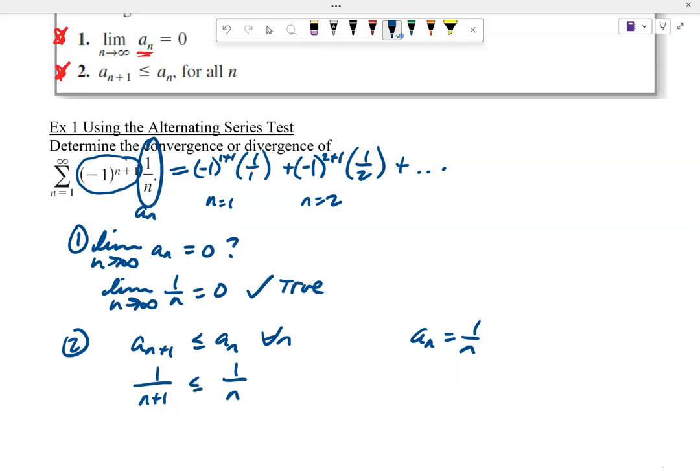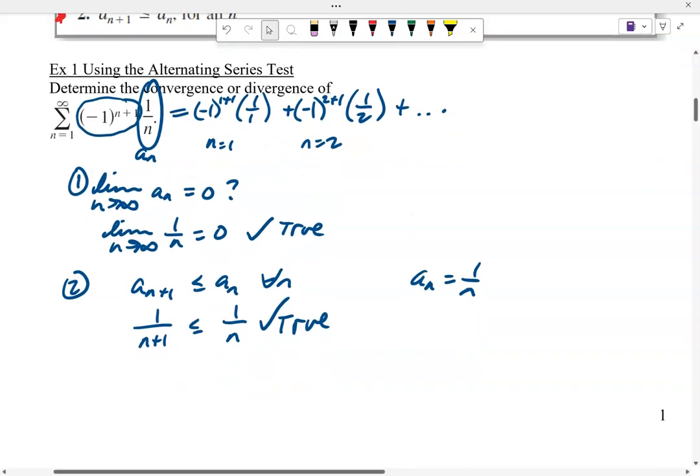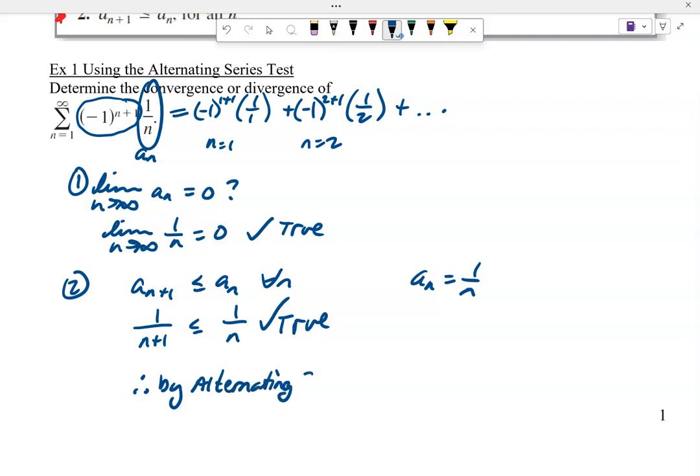Yeah, exactly. Like if you let n be 1, it's true. For any n, this will be true. So that's true also. Yes, it is. And so you say, therefore, since the two conditions are met by the alternating series test, the series converges.